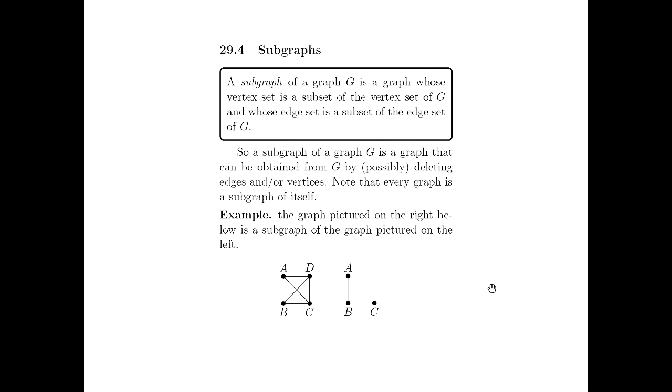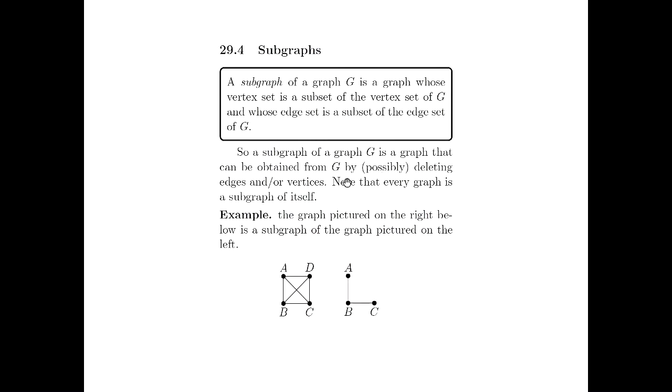Okay, so I think we've got 2 more concepts in this lecture, and then we will talk about something a bit fun. So the next thing is a subgraph. A subgraph, a bit like a subset is a set that lives inside another set, is a graph that lives inside another graph.